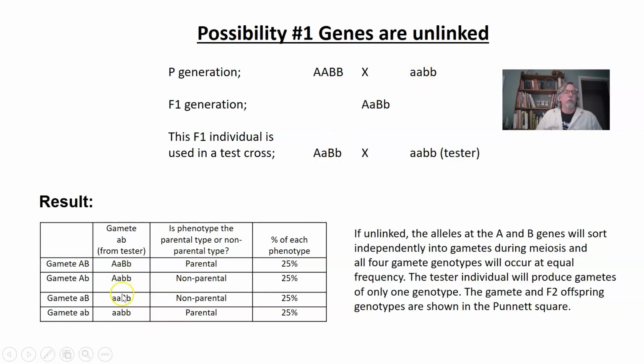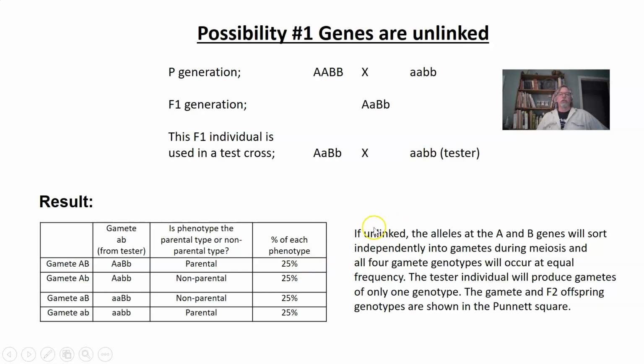2 of these are non-parental or recombinant types, being dominant for A and recessive for B, or recessive for A and dominant for B. Since each of the 4 classes are 25% each, the percent of recombinants is 50%, and the percent of non-recombinants is 50%. Okay?